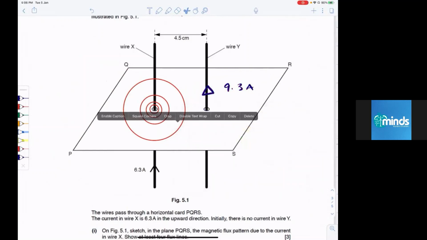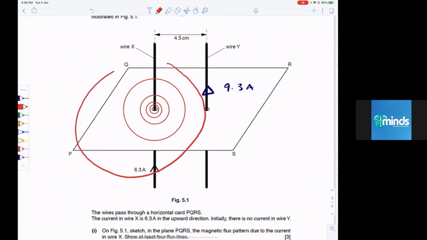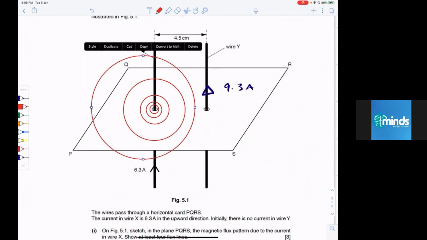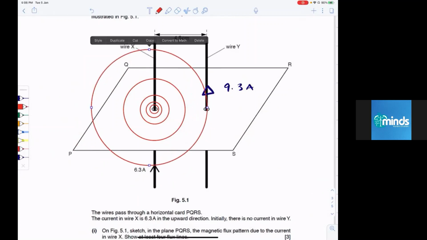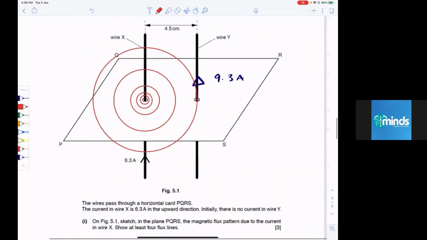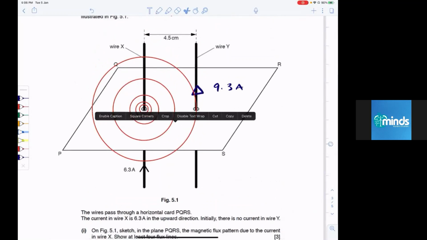Red color is actually associated with wire X. At this point, the magnetic field of induction, if I draw a circle like this, at the point where wire Y is kept, the strength of the magnetic field is 2.8 exponent minus 5 Tesla.